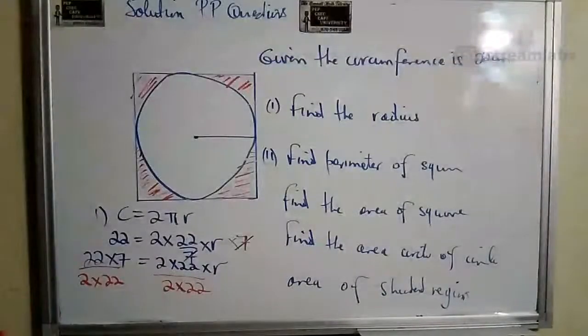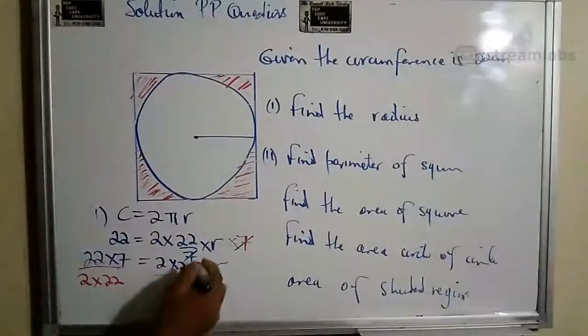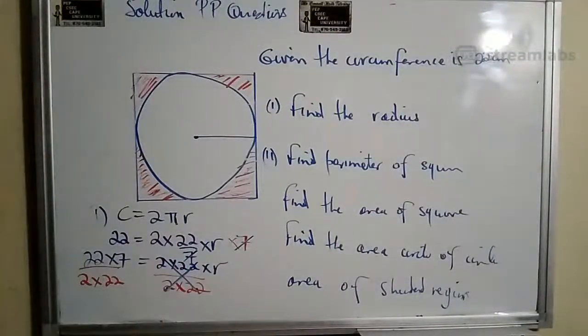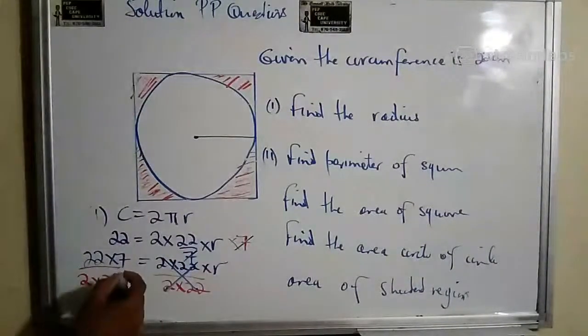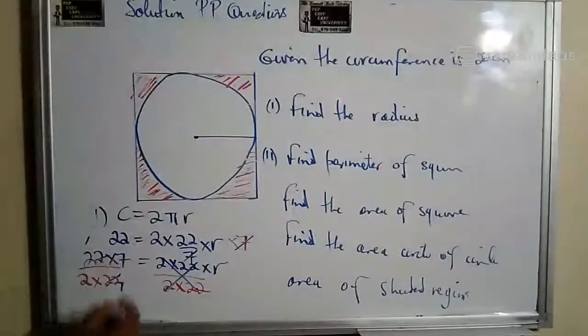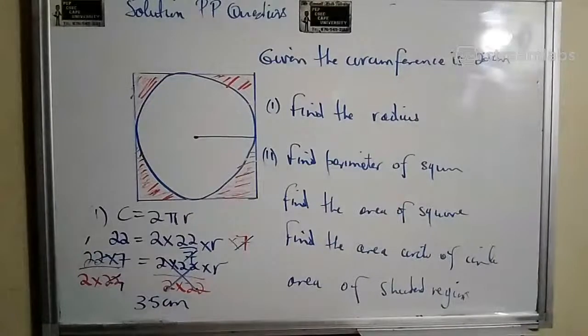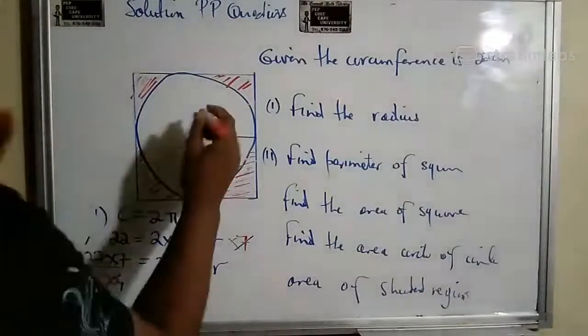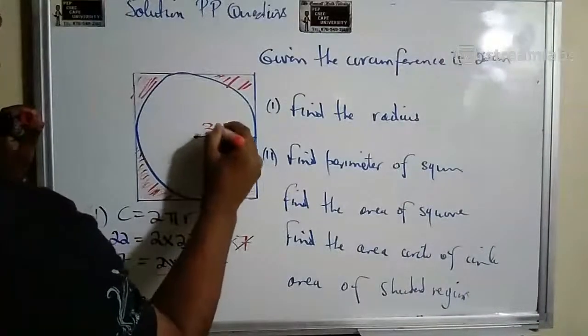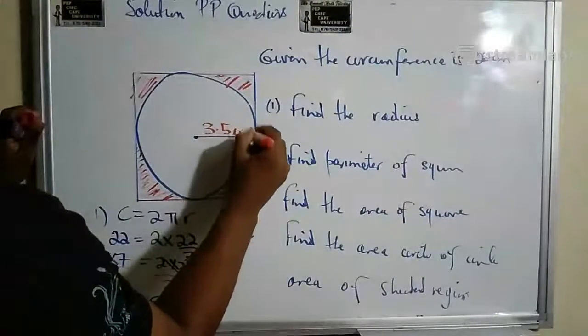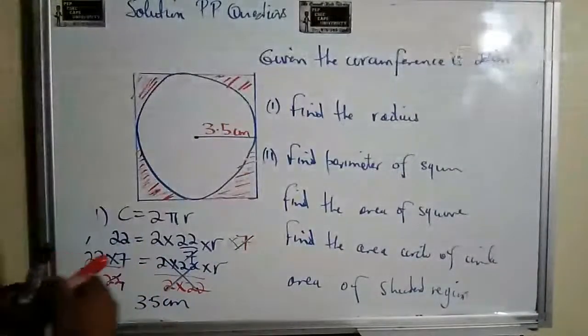And there we have it. A little magic. This will be gone. And we can just work this much. 22 into itself 1, 22 into that 7 divided by 2 is equal to 3.5. So the radius is 3.5. So let's just put in what we know. 3.5, right? Let's just put it right here.